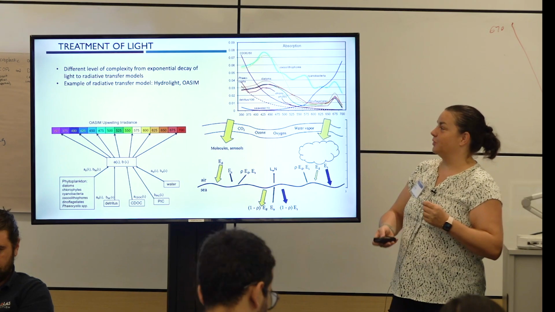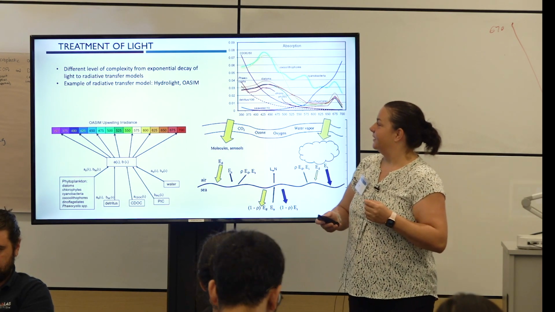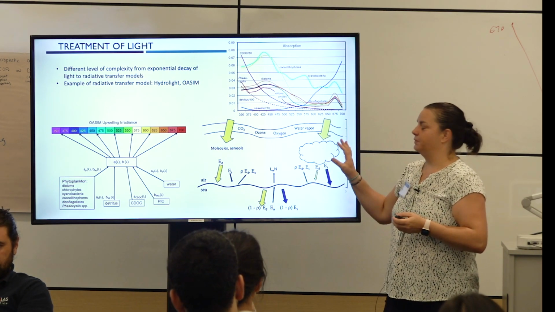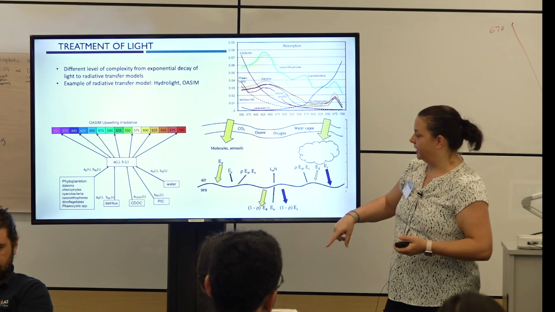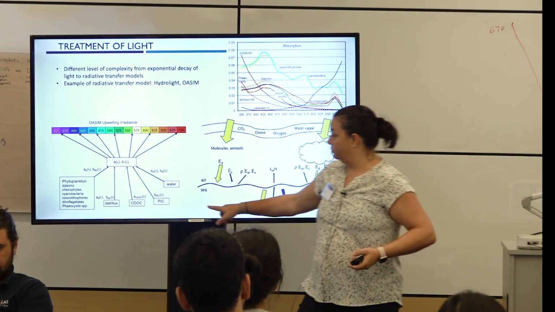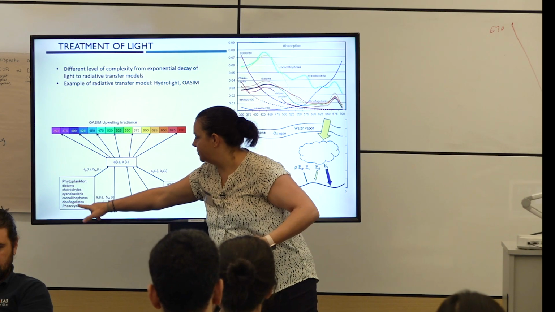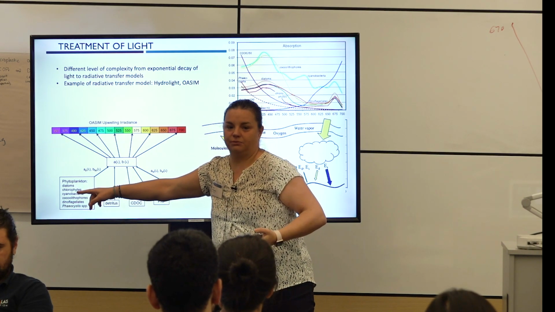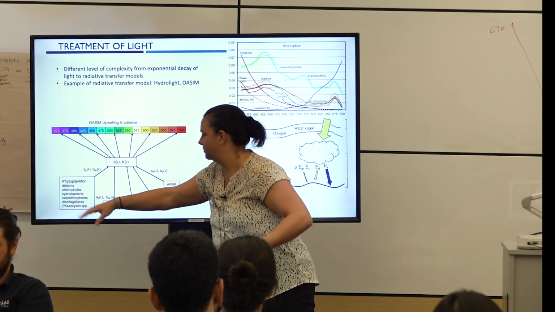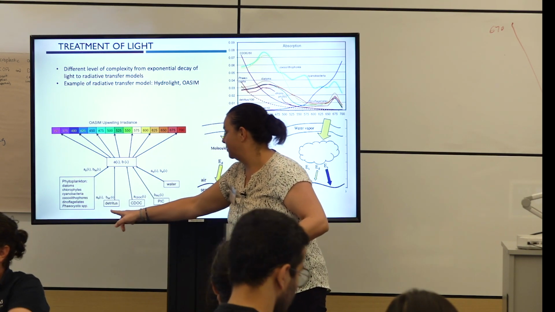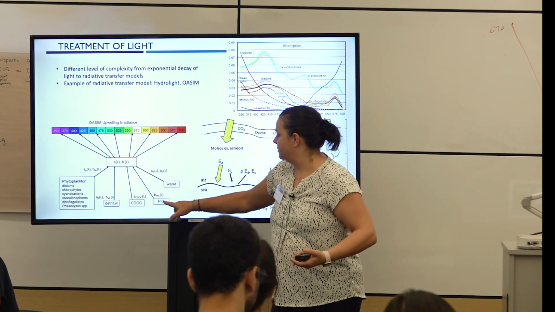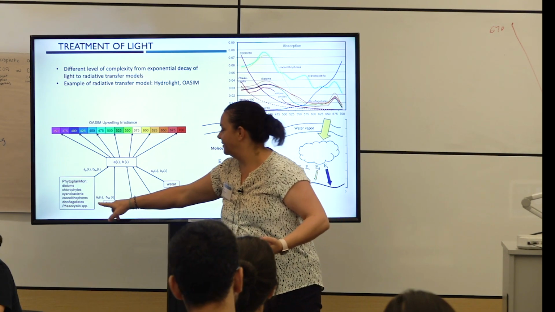Okay, radiative transfer treatment of light. Just to give a brief overview of what it does and what it looks like. Your ocean biogeochemical model gives those data, so the diatoms, the whole phytoplankton community here, well, not the whole, but those that you have in your model. Then you have your detritus, your PIC, anything that affects light.